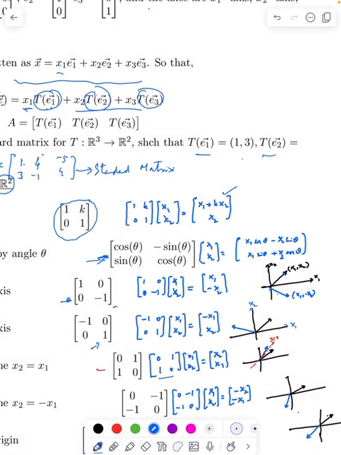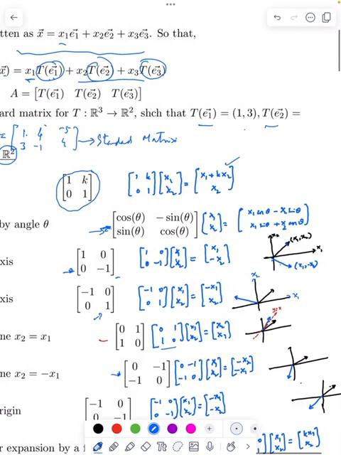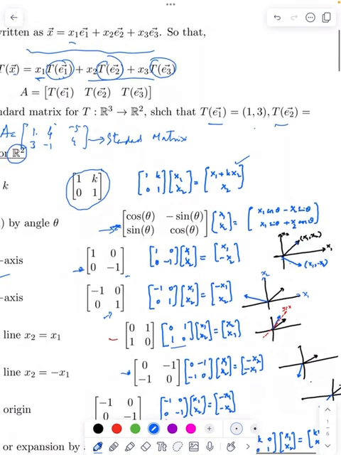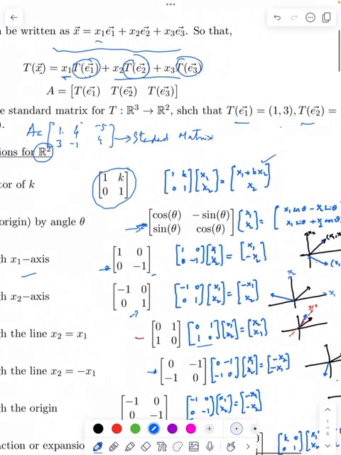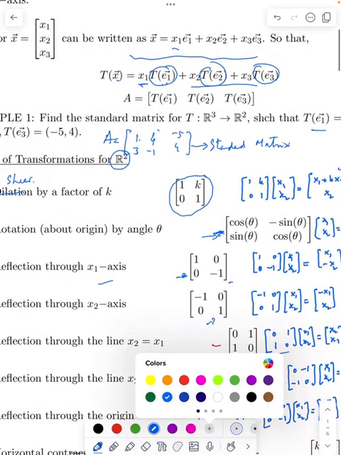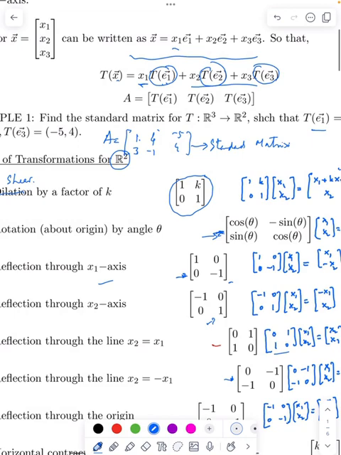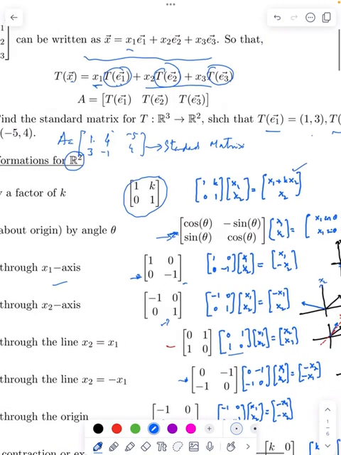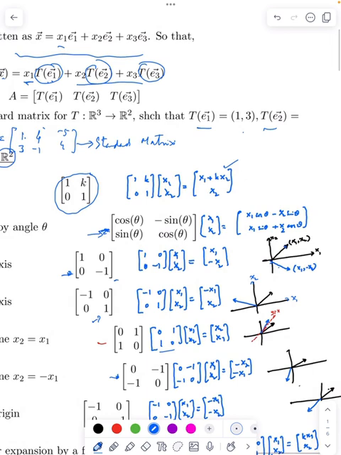Okay, the next one, 0, minus 1, minus 1, 0, this is what it does. It reflects the vector through the line x2 equals minus x1, which means about this line.